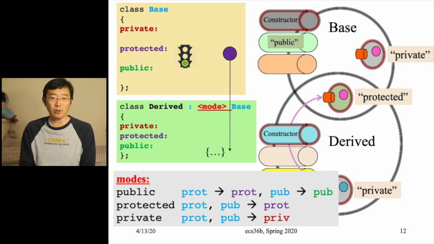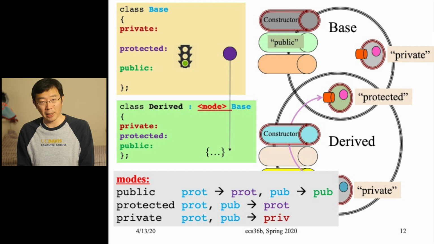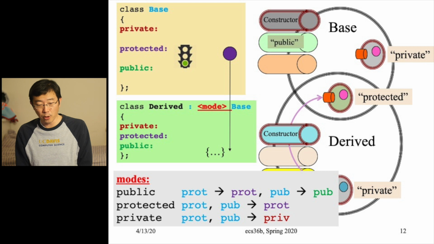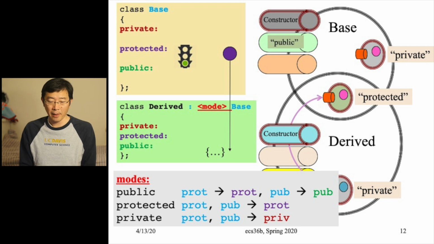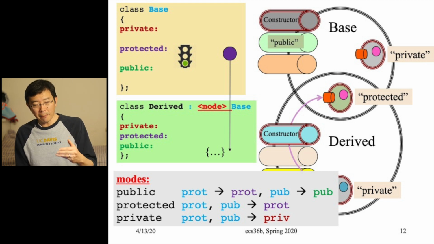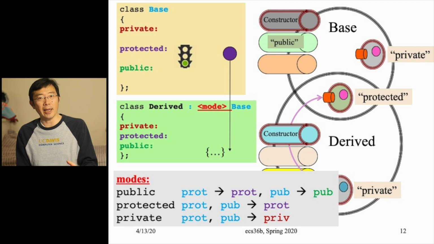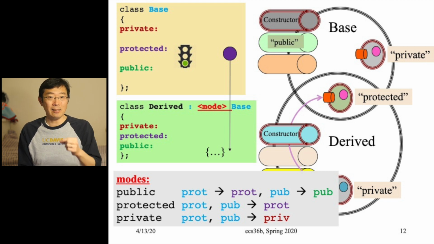That mode, in the example we saw earlier, is public, but you can also put protected there, or you can put private there. Public, protected, private is saying that whatever you got from your base class, where are you going to put it in the derived class itself?